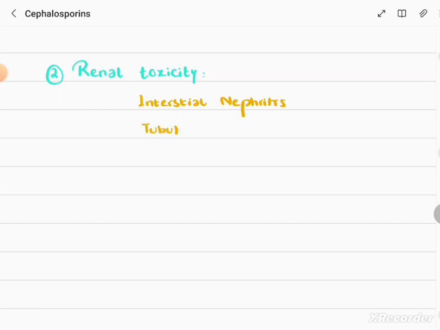Both these are different mechanisms of the same effect. The same effect is basically renal toxicity, and it can occur through interstitial nephritis or through tubular necrosis. So both these reactions can occur after the administration of cephalosporins.